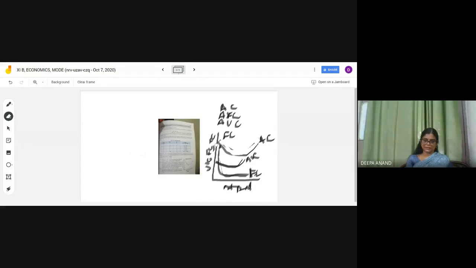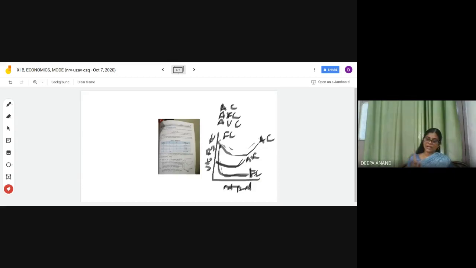The AC curve always lies above AVC and AFC, isn't it? Which is the one which lies at the top? The AC curve always lies at the top. What is the reason? Because it is the summation of AVC and AFC.